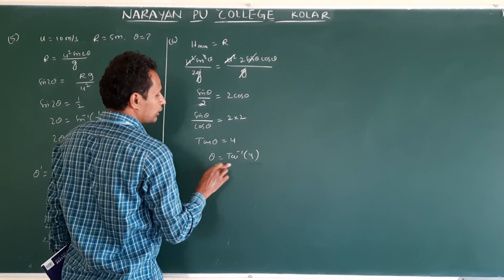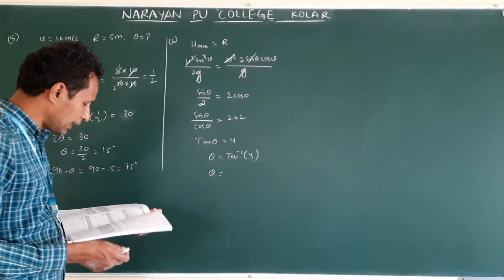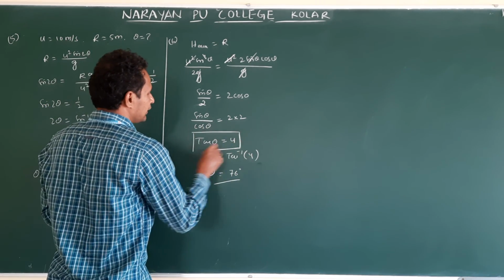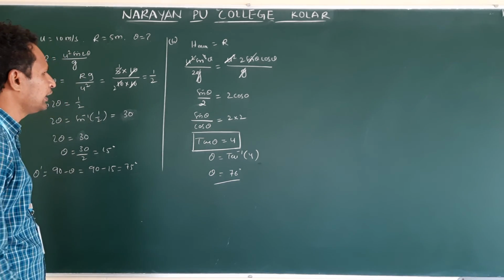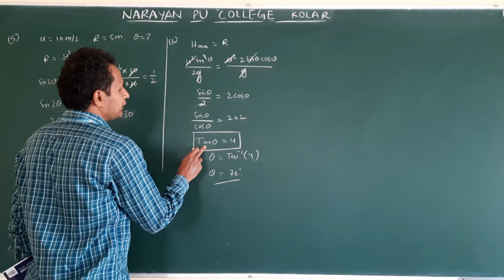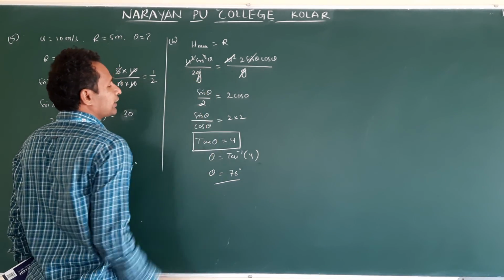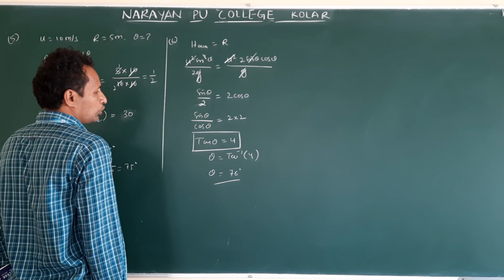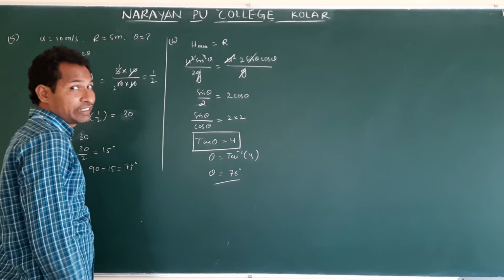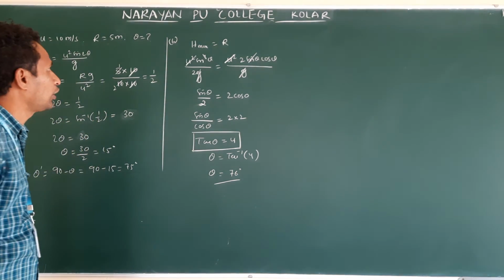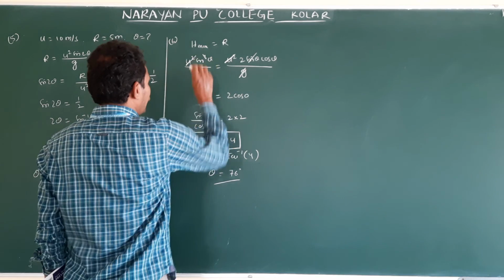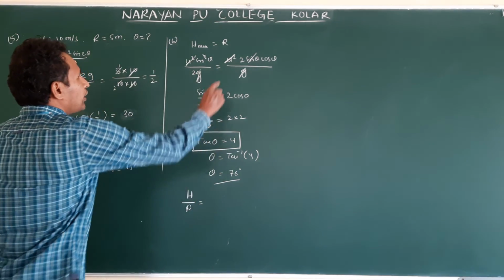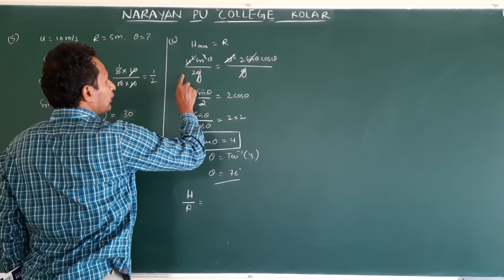They give theta is equal to tan inverse of 4. In the question they mentioned the tan inverse of 4 value as 76 degrees. But we remember this relation. Clear? How did we get this? By equating. Or we can write this in terms of height and range also. If we do h by r, all this comes down.